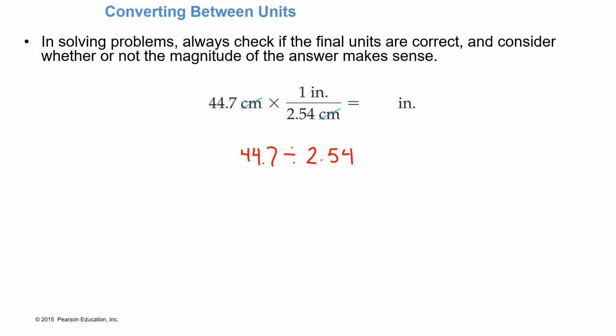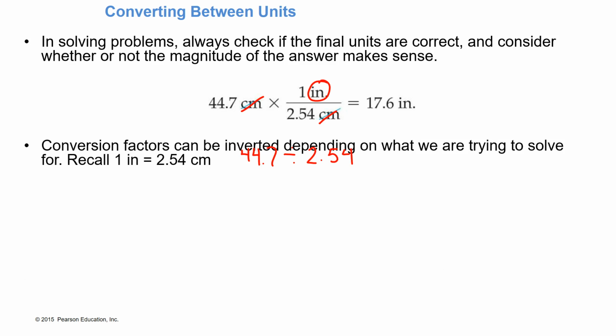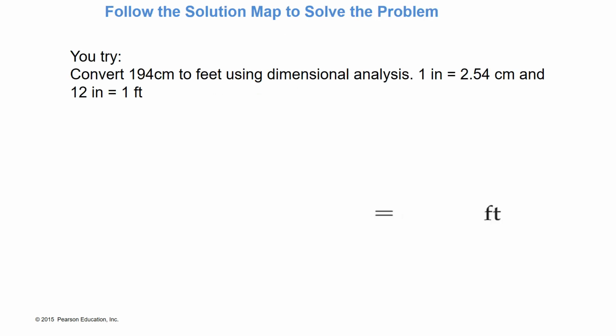So again, since I'm dividing by centimeters, centimeters goes away. And the only unit left is inches. So I get inches. All right. So we end up with 17.6 inches when we get that.